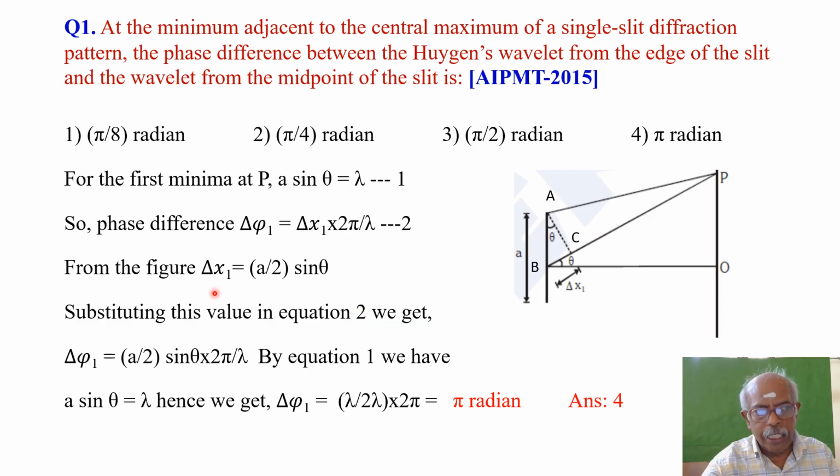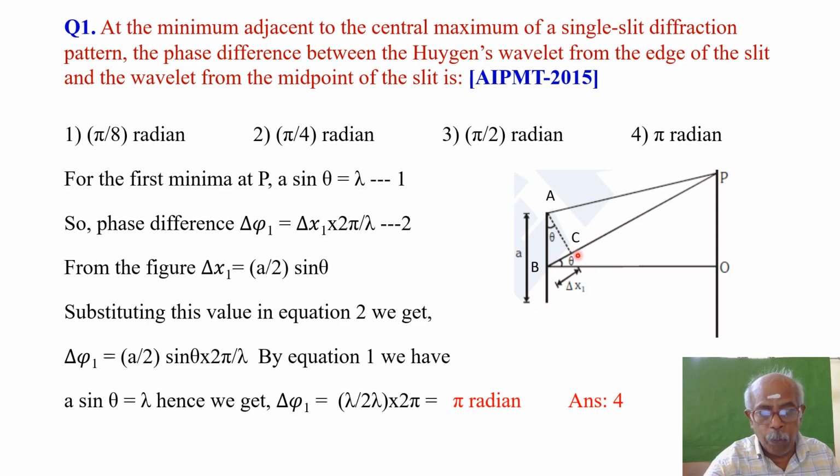It means delta x1 by a by 2 is equal to sin theta. Is it right, sir? Okay, this is very much right. So in the figure, angle BAC is theta. Now, according to this equation, delta x1 by a by 2, that is BC by AB, is equal to sin theta.